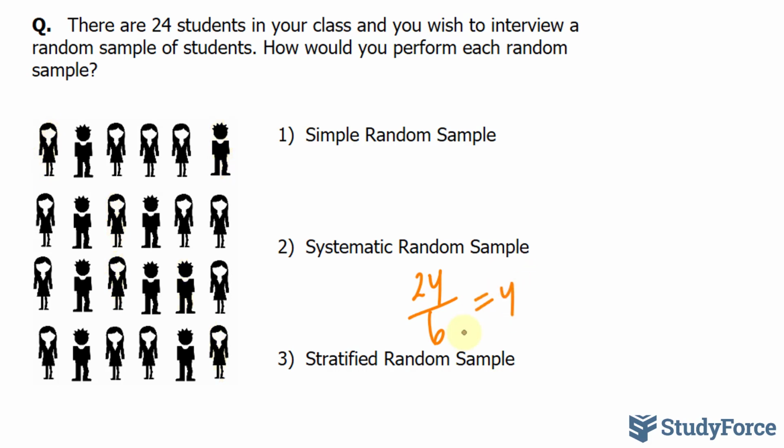This 4 suggests that we have to select a starting point, also at random, and then every 4th student from that starting point will be selected. So, starting at this point, every 4th student from this person that I circled will be selected. 1, 2, 3, 4. I'll select this student. 1, 2, 3, 4.